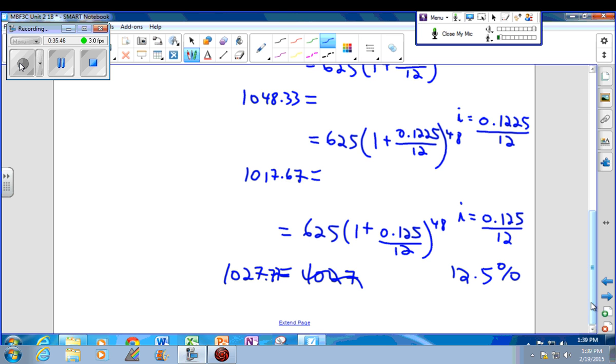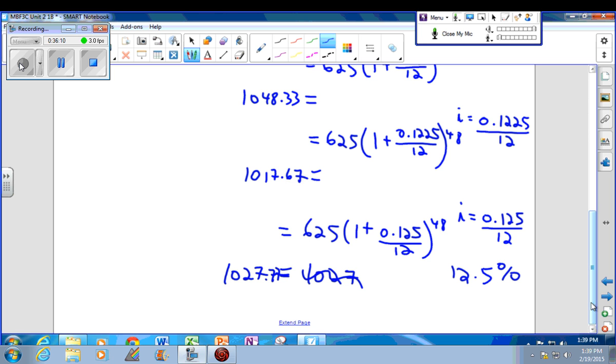That's called the guess and check method. You could also set up a spreadsheet in Excel, if you knew how to use Excel, that would calculate it for different values of i, and then you'd have a pretty good idea of what i was.